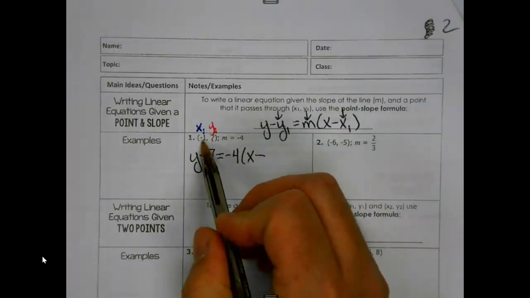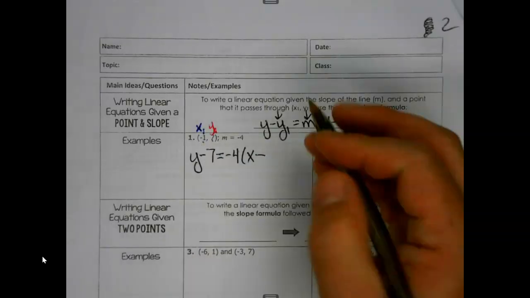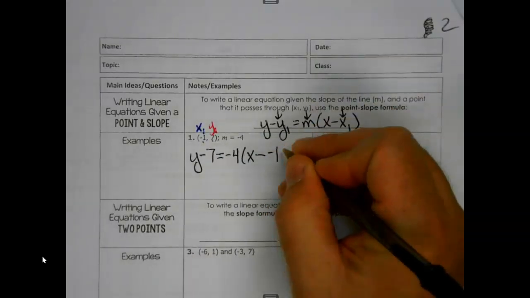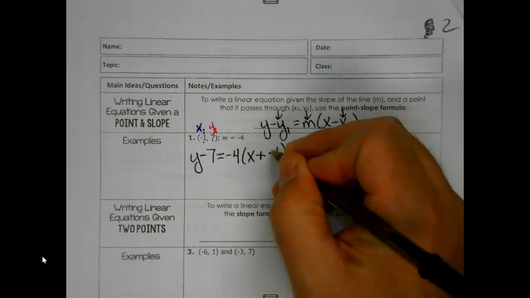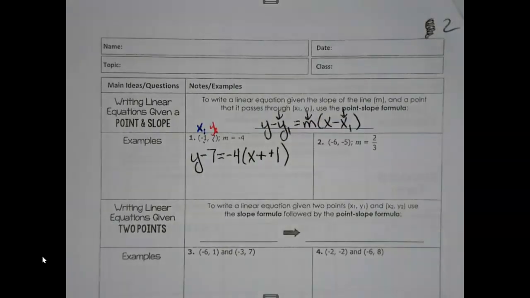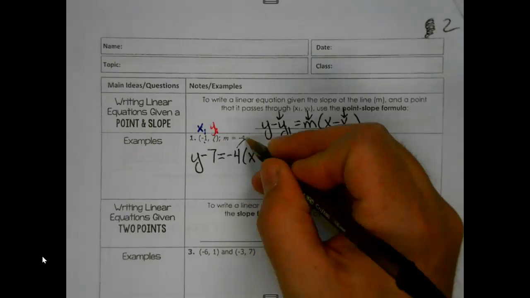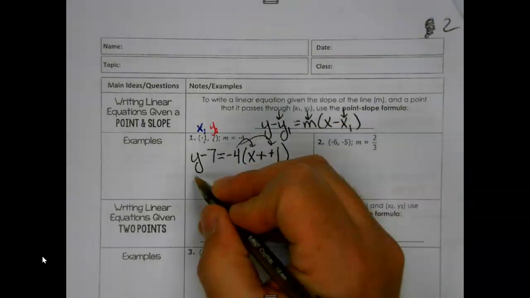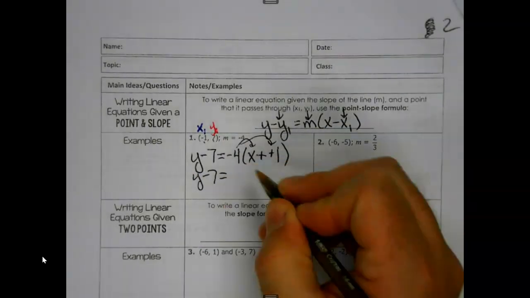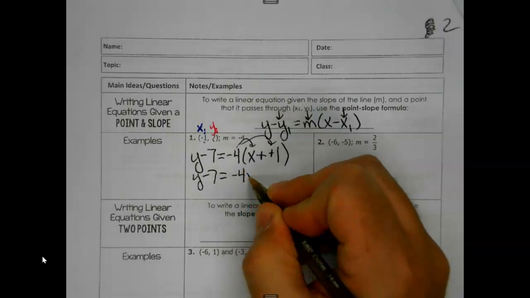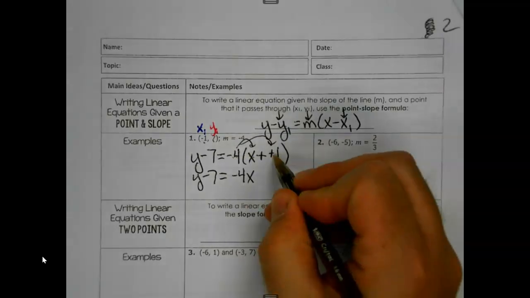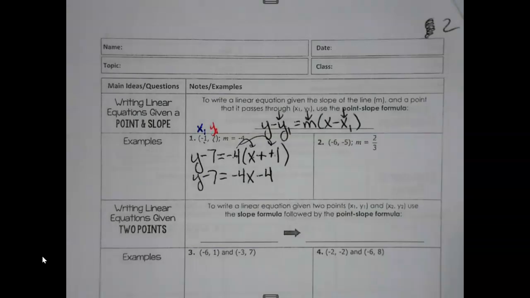It basically is going to change the sign on this. It doesn't mean it's going to be x minus 1 now, but if you do x minus negative 1, two minuses become a plus. So that way when I go to distribute, I'm not going to do anything screwy. So the negative 4 gets multiplied to the x and to the positive 1 over here.